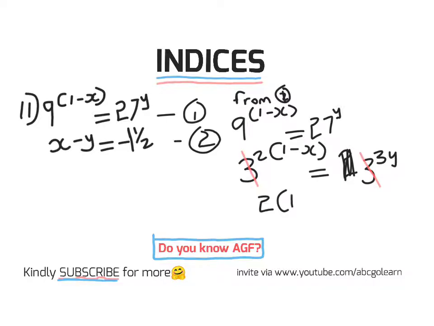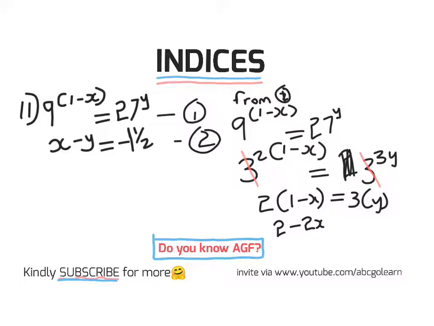So you would have the next thing to be 2 into bracket 1 minus x, equals to 3 into bracket y. Now to solve this, you would have your answer to be 2 minus 2x.